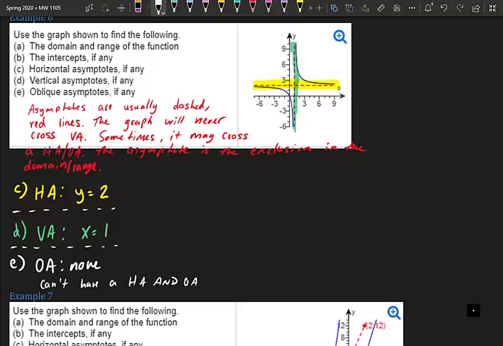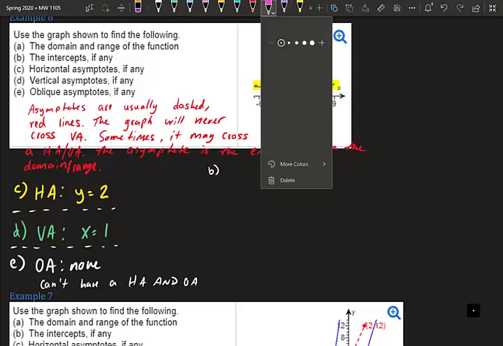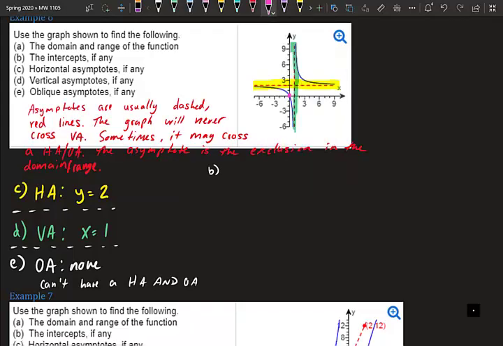Now we're going to go to B, then A. So B is asking for intercepts. So there is a point where this crosses right there at 0, 0. So at 0, 0, the blue crosses the axis.